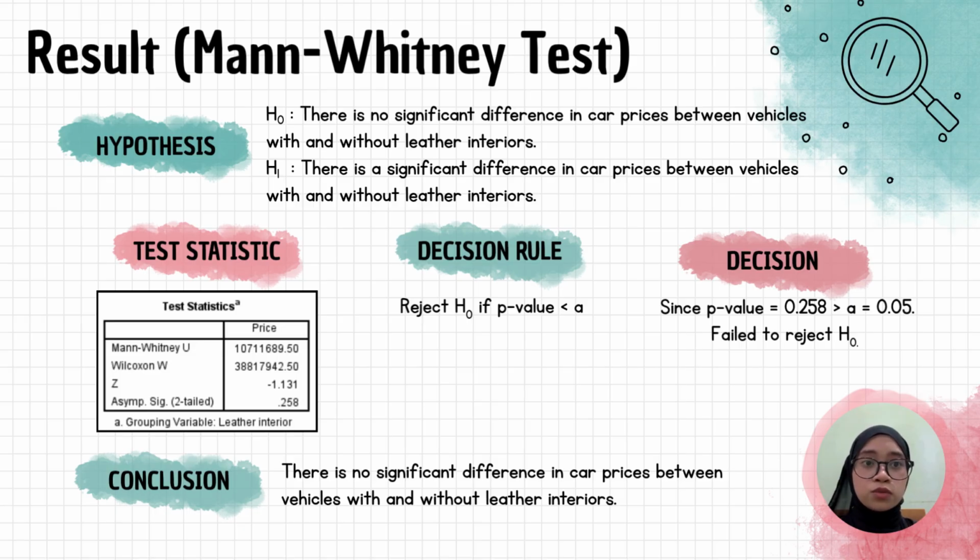So we fail to reject H null. Therefore, we can conclude that there is no significant difference in car price between vehicles with and without leather interior. This suggests that the leather interior does not significantly influence the car price in our dataset.